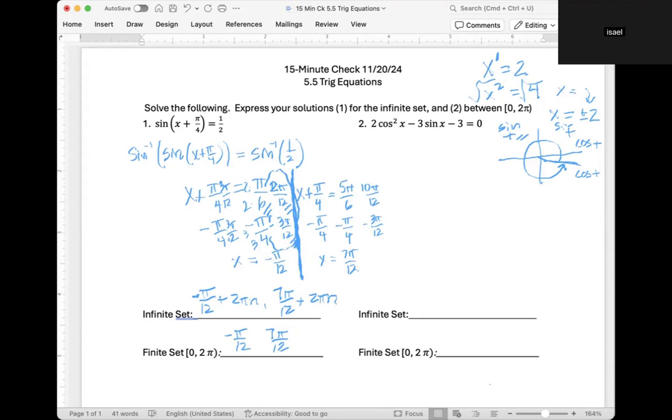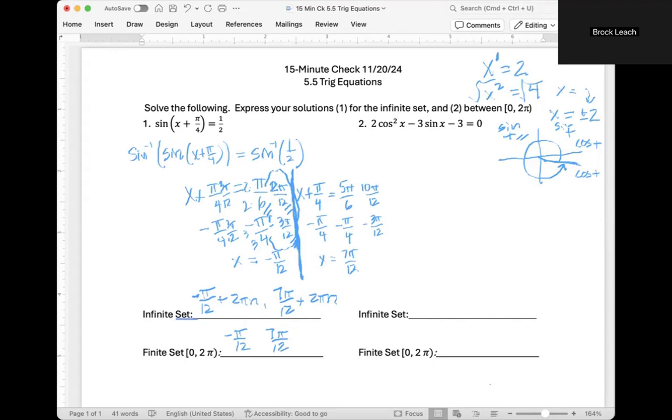Yeah, so what I did was I solved for x, and I did the same as you did, 2 pi over 12 minus 3 pi over 12, which got me x equals negative pi over 12 plus 2 pi n.